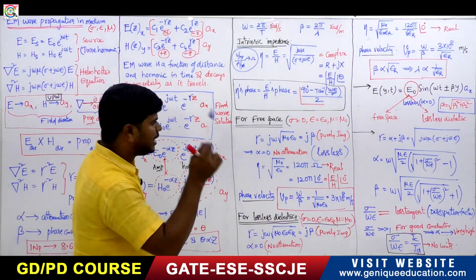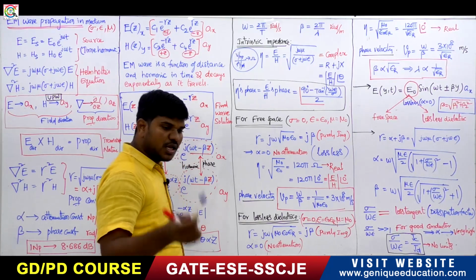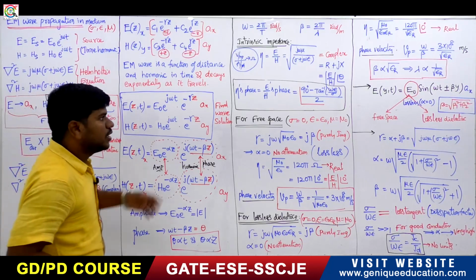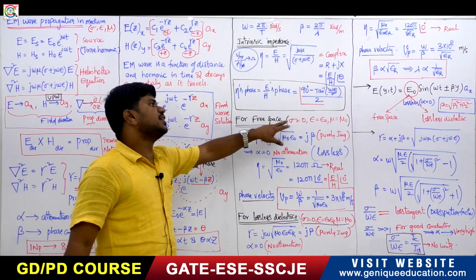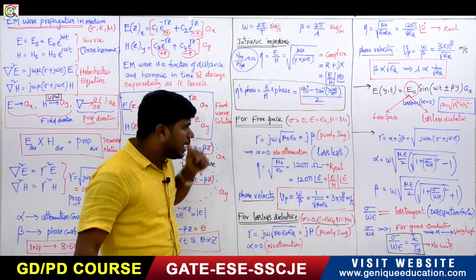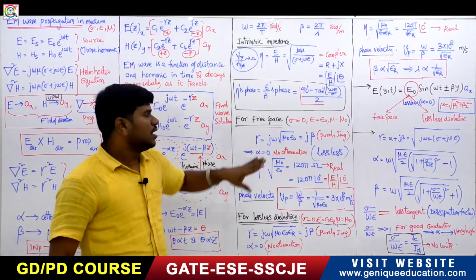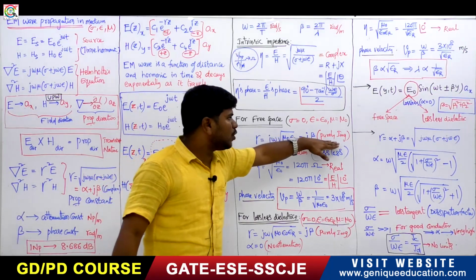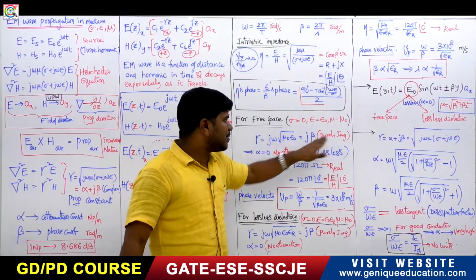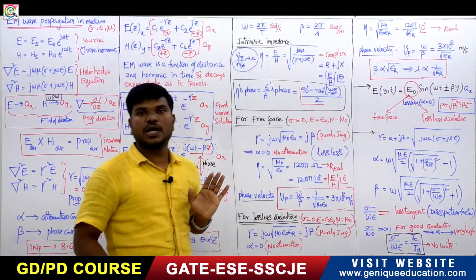This is a very, very important point. For free space propagation, these are the very important things we came to know: sigma is 0, epsilon is equal to epsilon naught, mu is equal to mu naught. And a very important thing is that the propagation constant must be purely imaginary for free space.